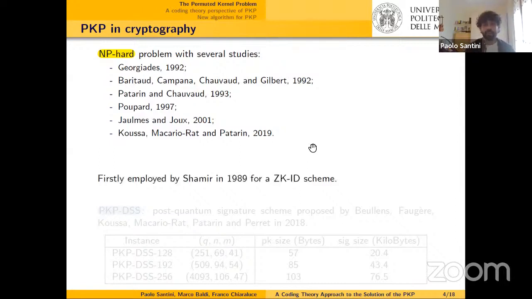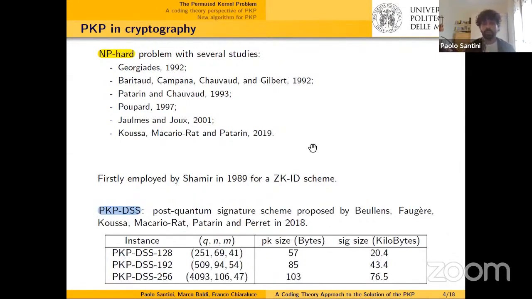Speaking about cryptography, the PKP was first used by Shamir in 1989 to design a zero-knowledge identification scheme. Nowadays, the PKP is at the base of PKP-DSS, a post-quantum signature scheme with really nice features, for instance, very small public keys and also kind of compact signatures.